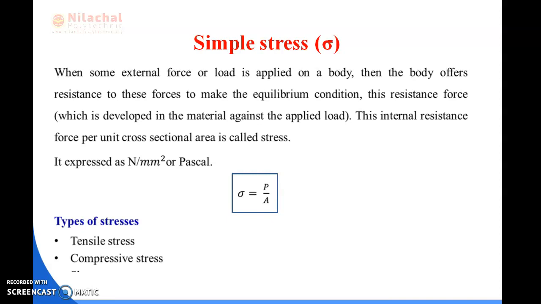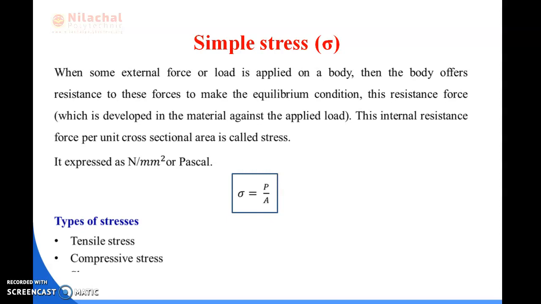This resistance force developed in the material against the applied load, this internal resistance force per unit cross-sectional area, is called stress. It is denoted as sigma and expressed as Newton per mm square, or it is also known as Pascal.